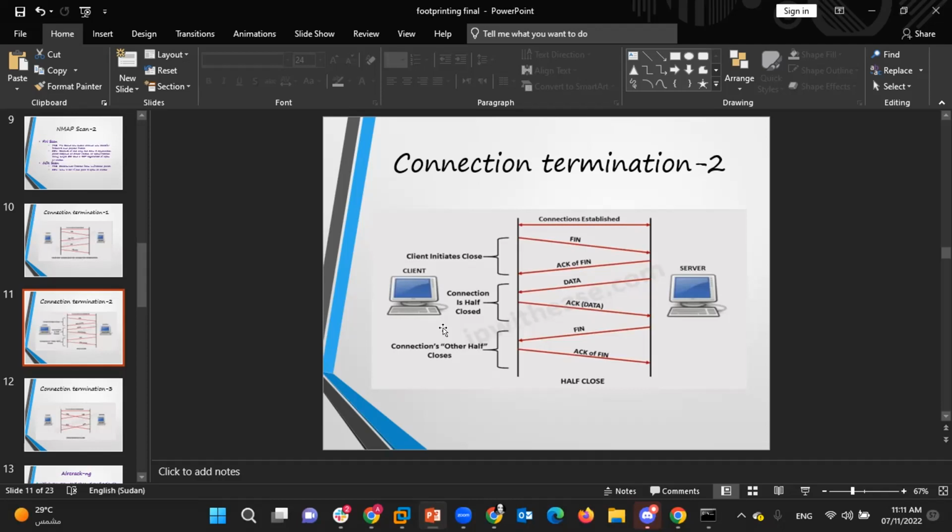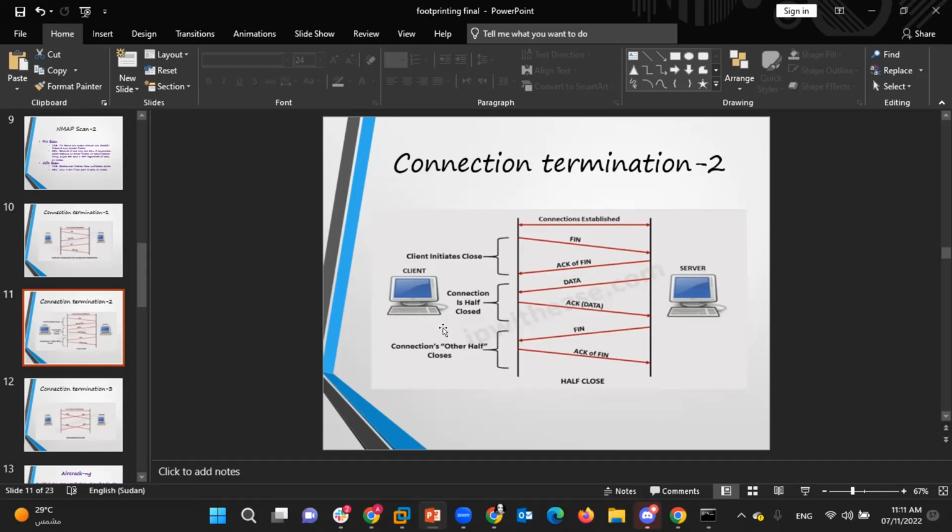Then the server sends a FIN also because he received a FIN before, and he sent a FIN ACK. He received a FIN packet and he sent a FIN ACK, but after that he sent data.